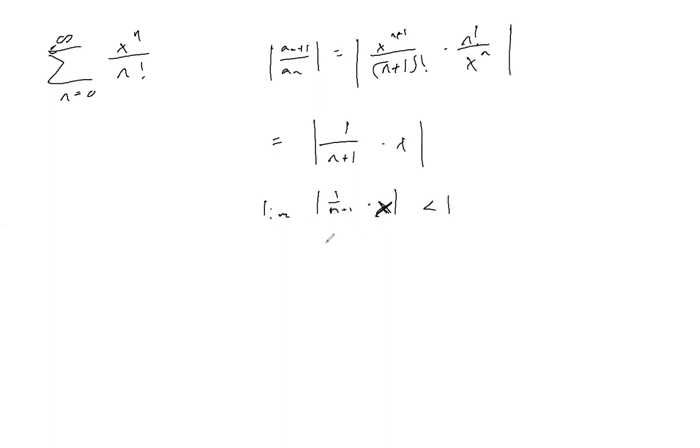If x equals 100,000, the limit is still going to be 0. If x is a billion, the limit is still 0. So no matter what x I plug in, the limit is 0. So the limit is less than 1 for all x, and my power series is going to be convergent for all x.